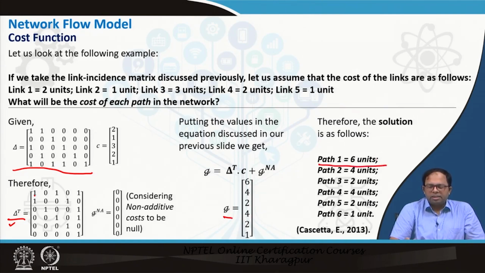So path 1 is 6 units, path 2 is 4 units, path 3 is 2 units, and so on. That is how we multiply this with this, because it is matrix multiplication. We follow matrix multiplication rules, and we arrive at this path cost.